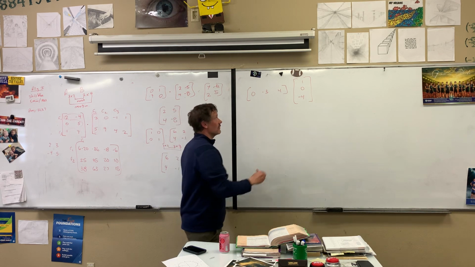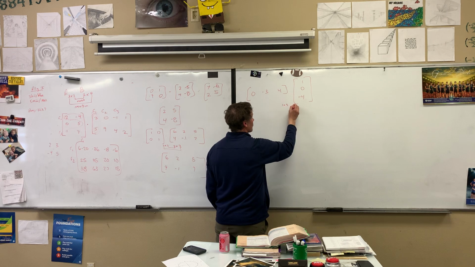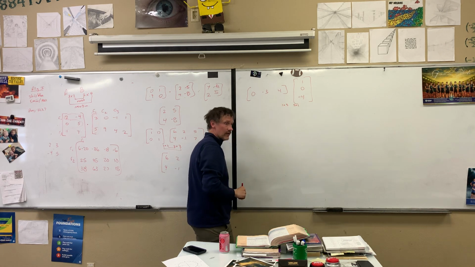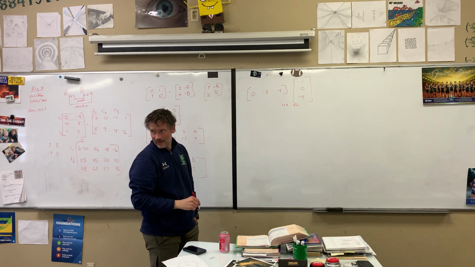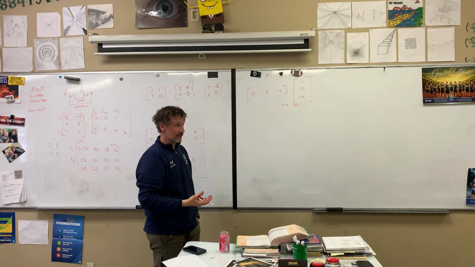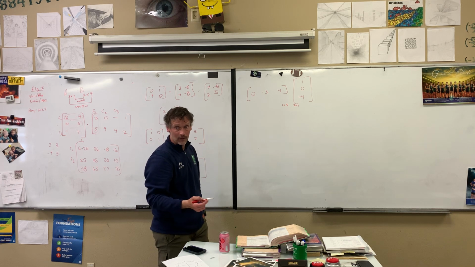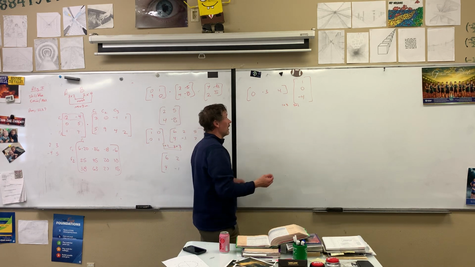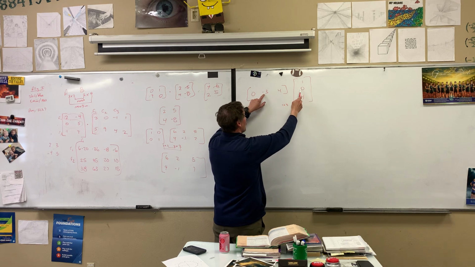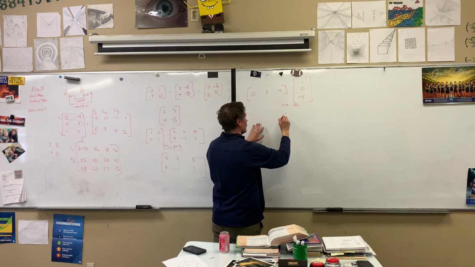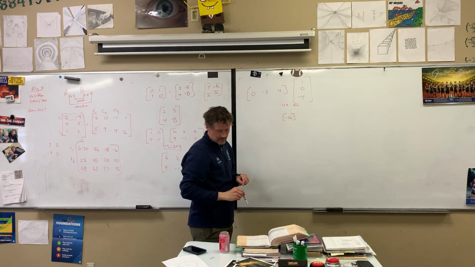Yes, it's a 1 by 3 times a 3 by 1, it works. What's your new dimension going to be? 1 by 1, so it's going to have a singular element. It feels like there should be more to it, but there isn't. So you're just going to end up with one value, so it'll be 0, 0, and -16. So that one sometimes can prove challenging.